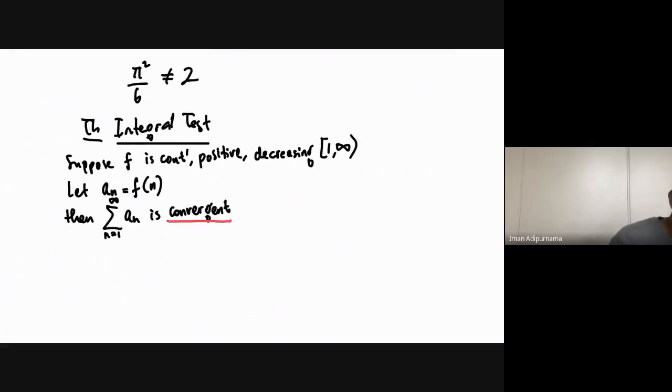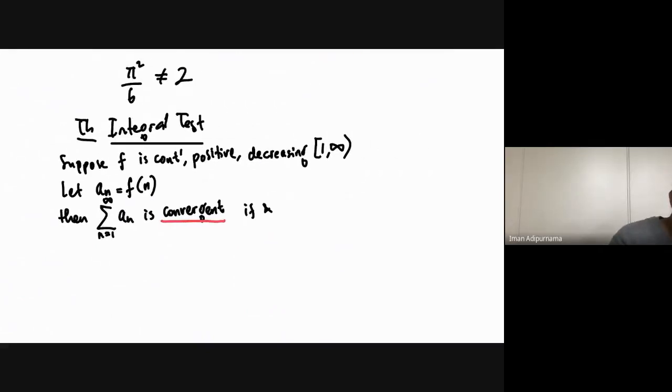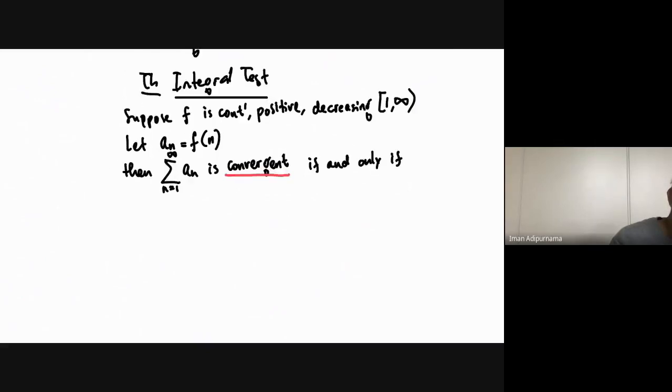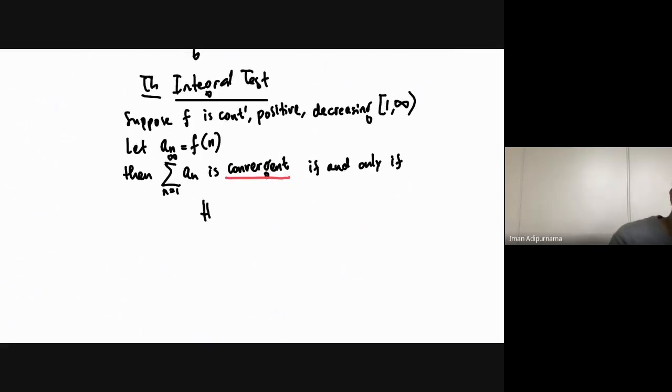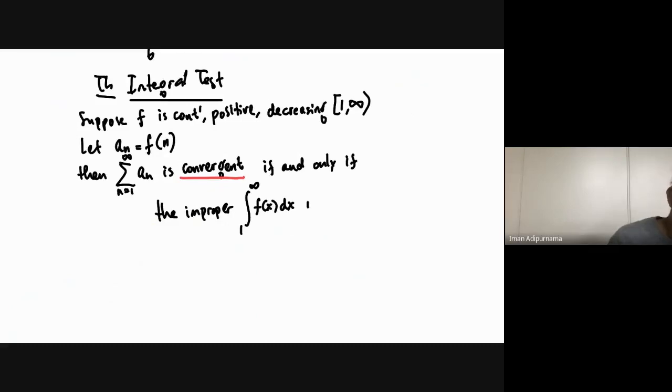So the series will converge if and only if the improper integral from 1 to infinity of f(x) dx is convergent.